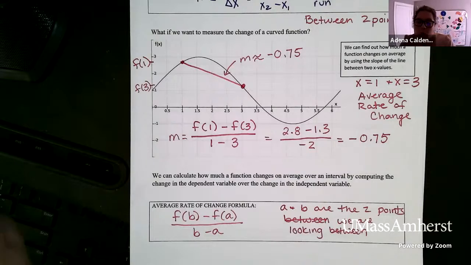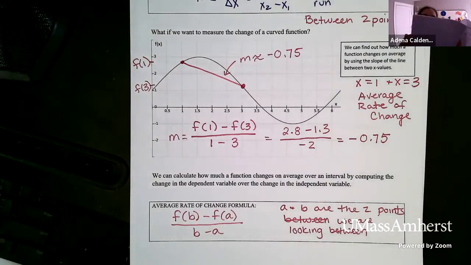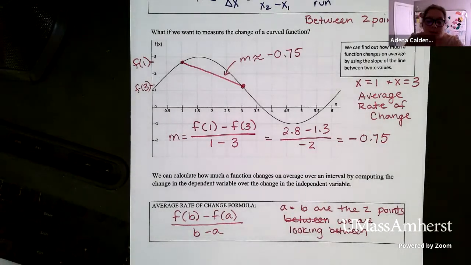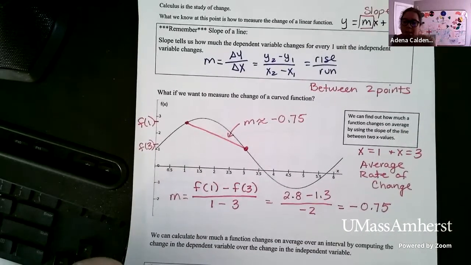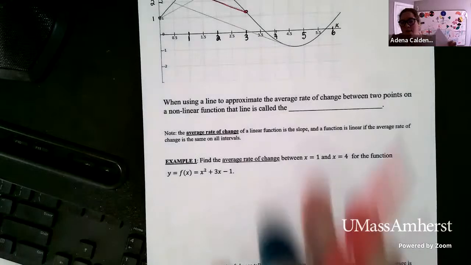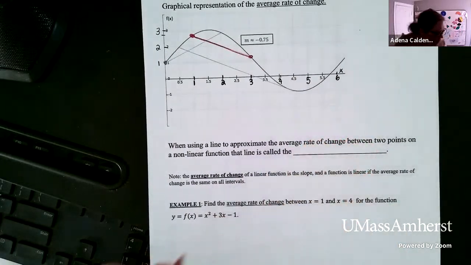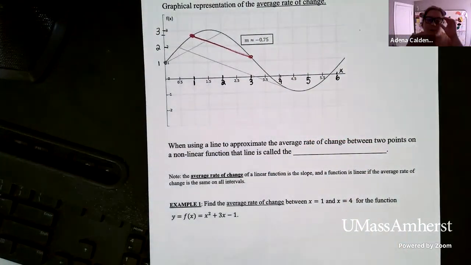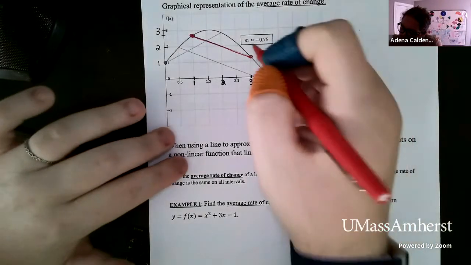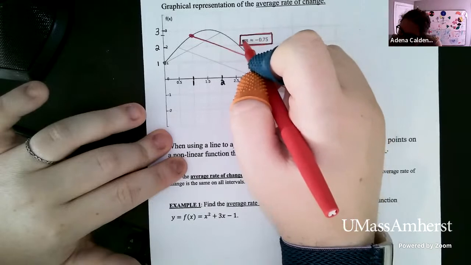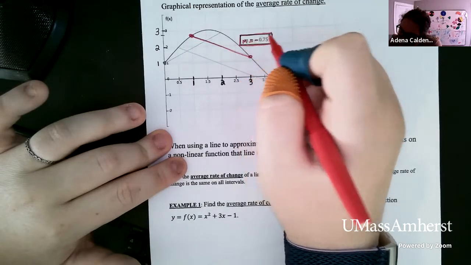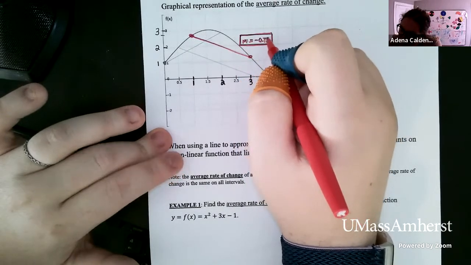Okay, so what do we want to do with this, right? We want to look at different functions, figure out how to get the average rate of change between points. And so we're going to start with some graphing here. So this is the same picture we were just looking at, and we approximated this first one to be negative 0.75.